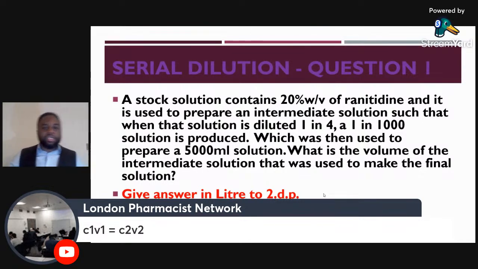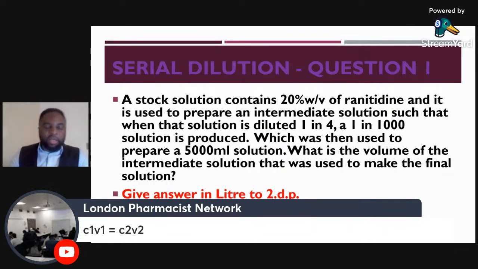The third point: final concentration is equal to intermediate or initial concentration divided by dilution factor. So that's three things you need on your paper so far.